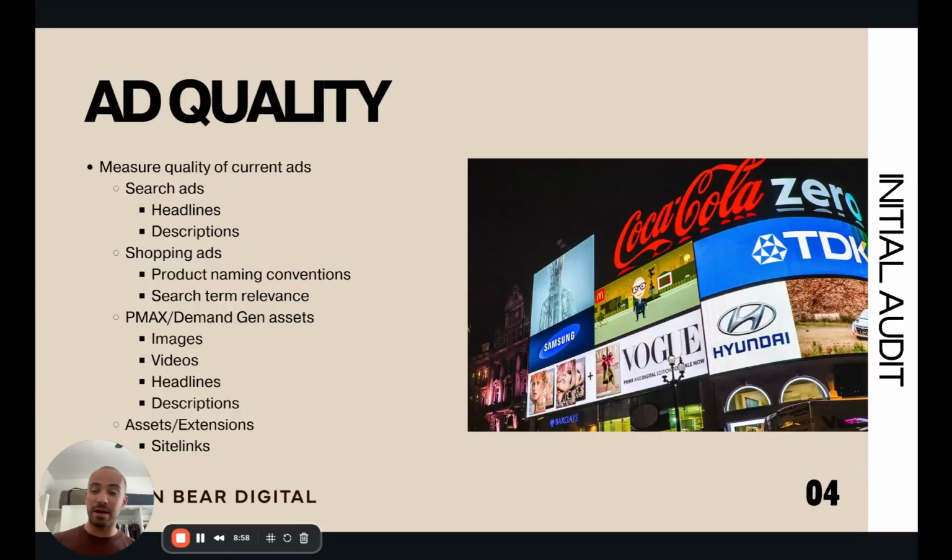For images, just make sure they're relevant to what you're offering. If it's a PMAX campaign, you'll probably have a shopping feed attached, and you can do the same thing through demand gen. Make sure the manual images, the creatives, are relevant to what you're offering, and the headlines and descriptions too, and make sure it all encapsulates what needs to be covered within that campaign.